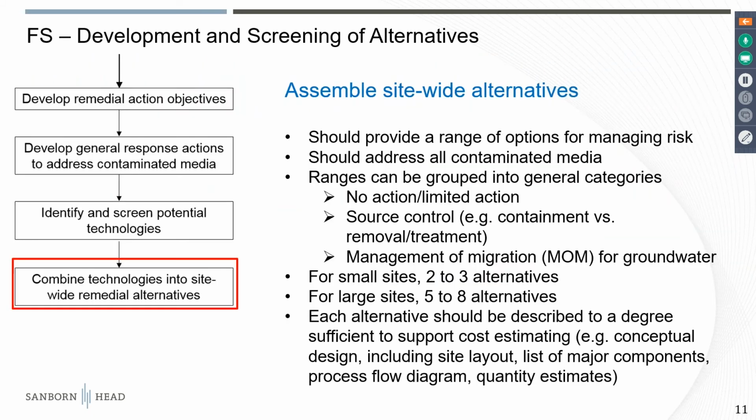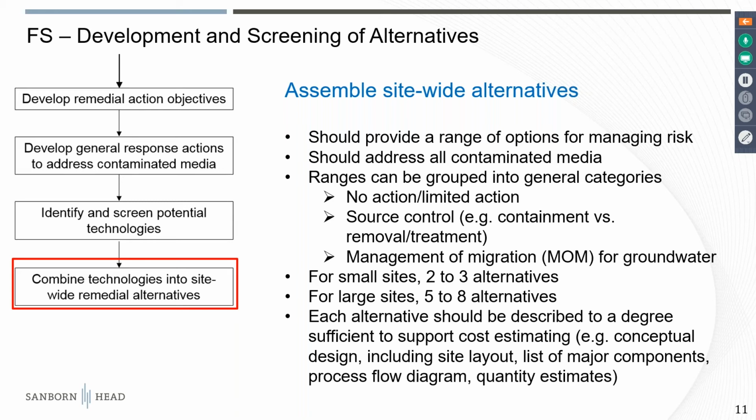And so once you have your filtered down list of technologies, the next step in the FS process is to assemble those technologies that made it through the screening process into a group of site-wide alternatives. And usually these alternatives are set up to provide a range of options for managing different levels of risk.